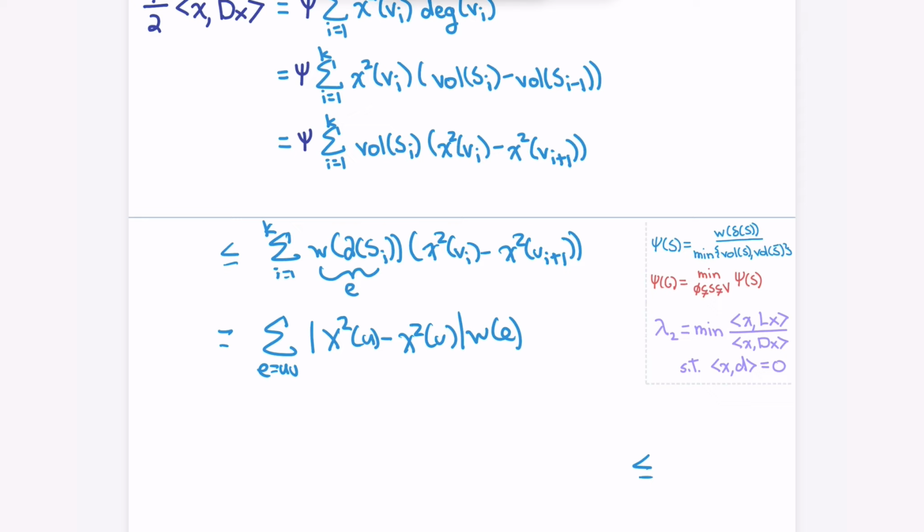For every edge in the graph, it could be less than or equal to because it's over all edges. Every edge appears either in one of these terms because it involves one of these vertices, or both endpoints have value 0 anyway. That's why they were left out, because we're summing over all the vertices with non-zero value. But less than or equal is all we needed, so that would also be okay.